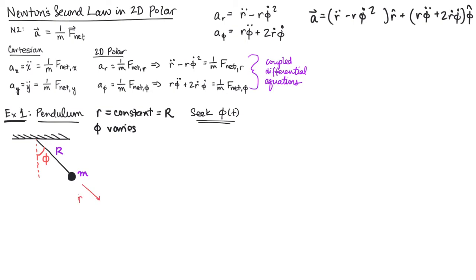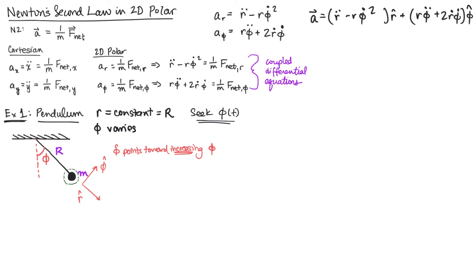We have the r hat, or radial direction, and then the phi hat vector points in the direction of increasing phi. So that's why the phi hat points up and to the right and not down and to the left. Okay, well, let's do a force diagram for the bob.